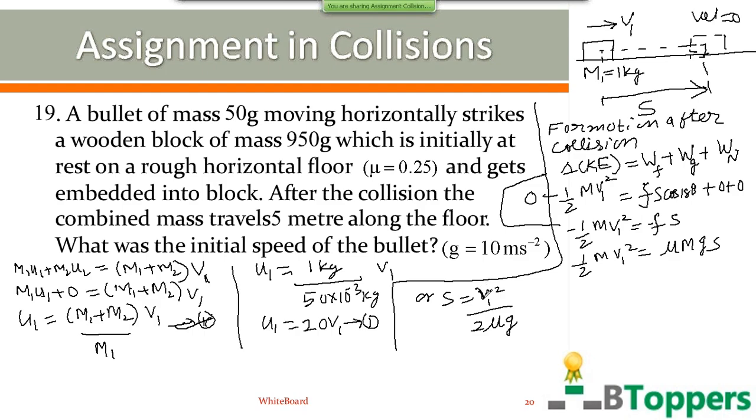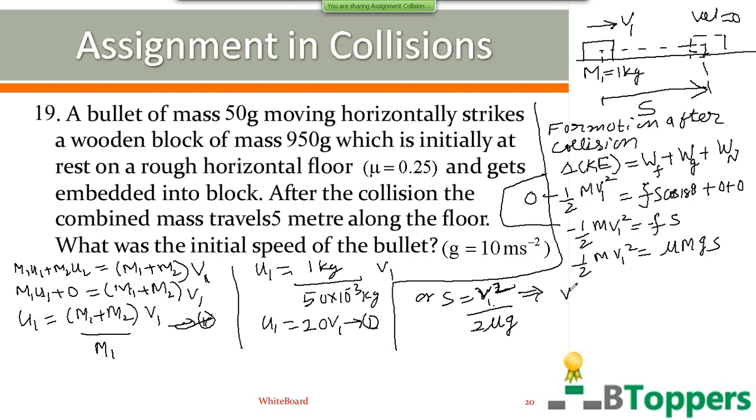Here for motion after collision, v1 is the initial velocity. So if you remember that conclusion which we discussed under the heading stopping distance, you can directly write this step.